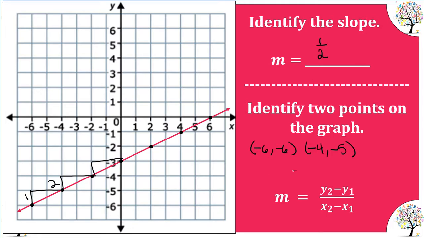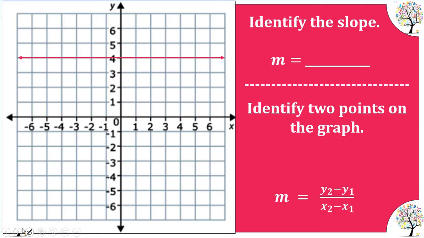So I'm going to plug this into my formula. Slope m equals -5 minus -6 over -4 minus -6. Keep, change. This gives me a +1 over a +2. We have 1/2.